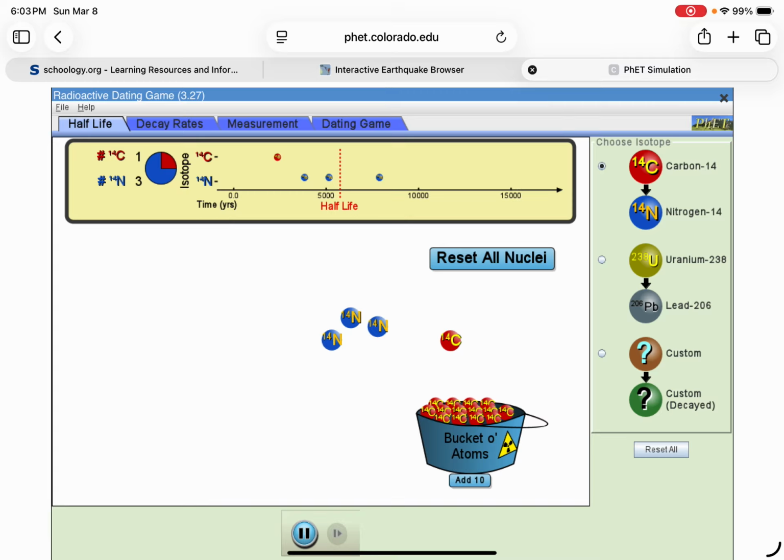You can put a whole bunch of carbon in here and see what the half-life is. The half-life is a little bit over 5,000 years. Now it's pretty interesting. Some of these take longer to actually decay into nitrogen. Some of them last longer.